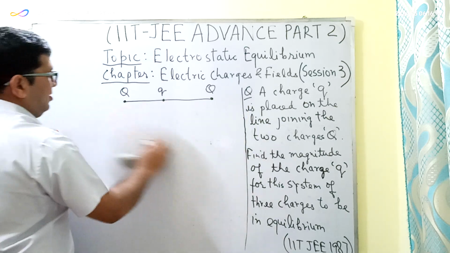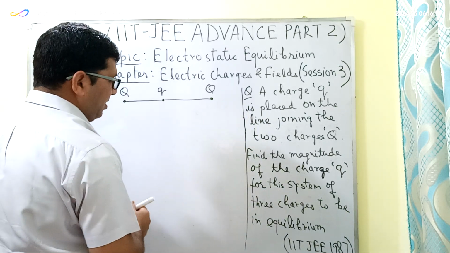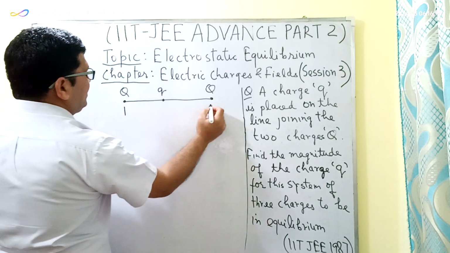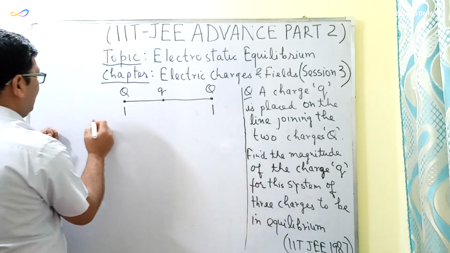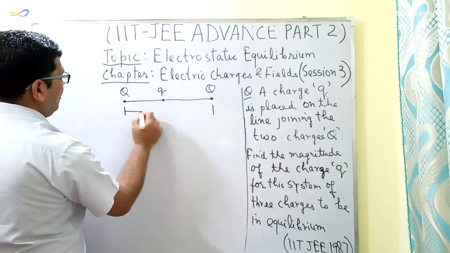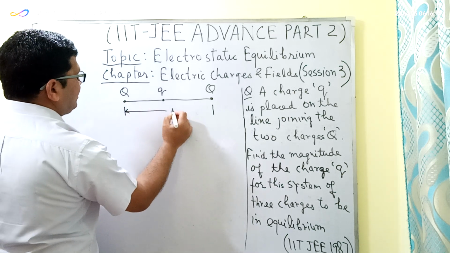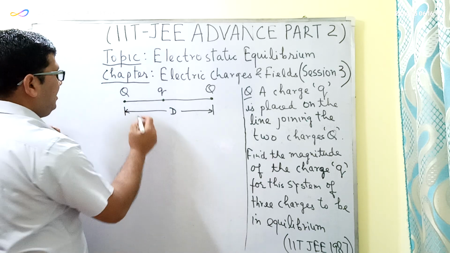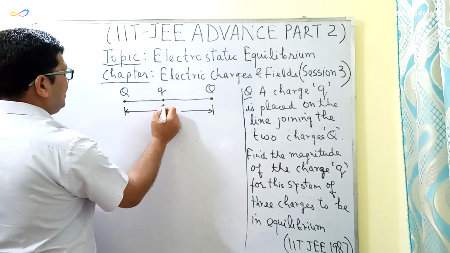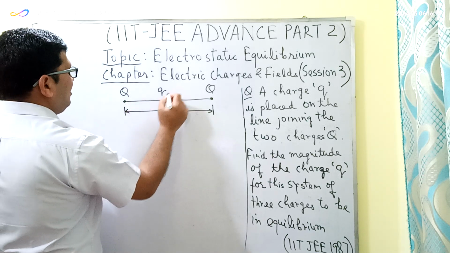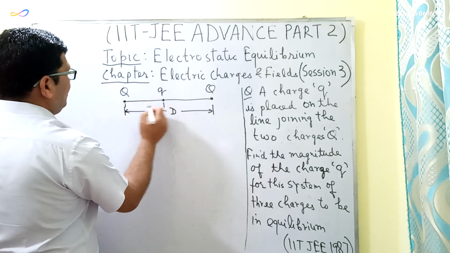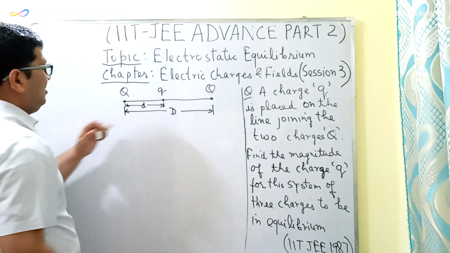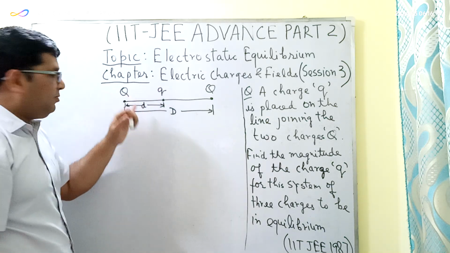So I am here considering that the distance between this charge capital Q and this charge capital Q is capital D, and I am considering the distance between the charge small q and this capital Q as small d.